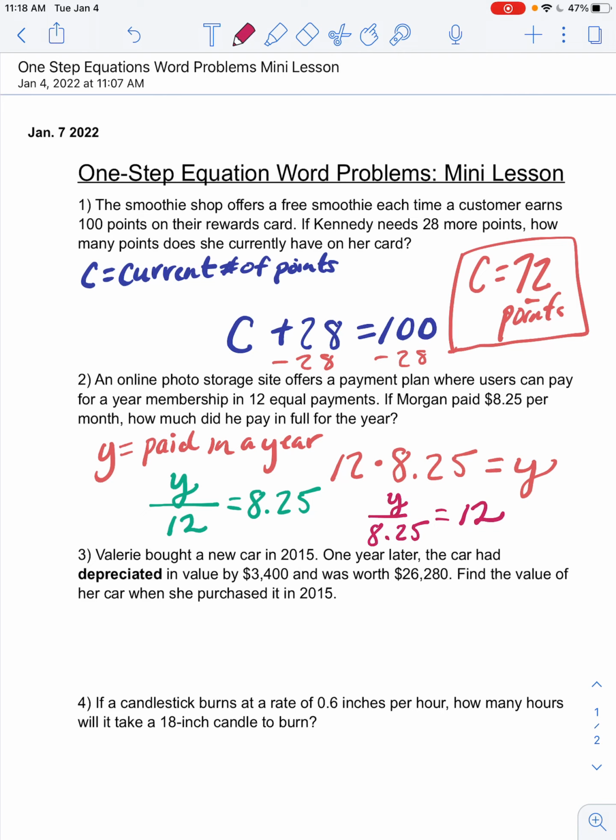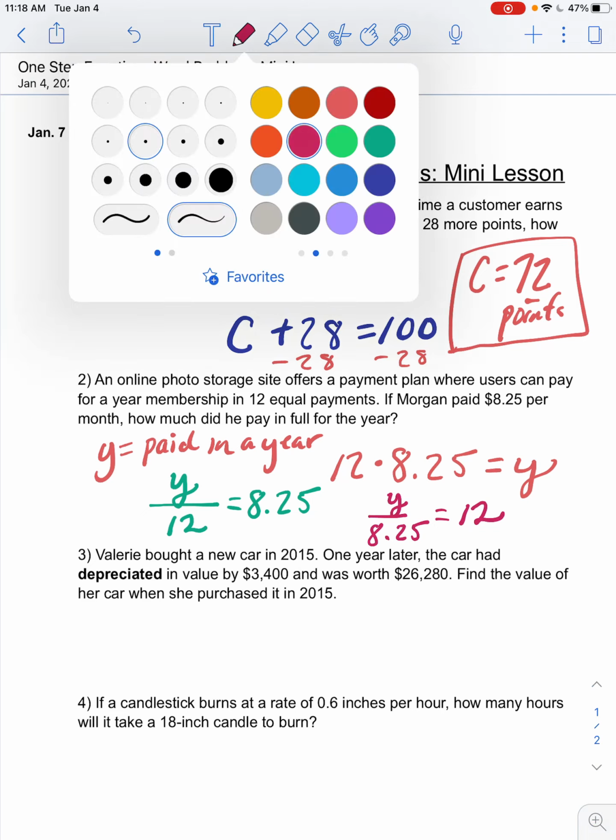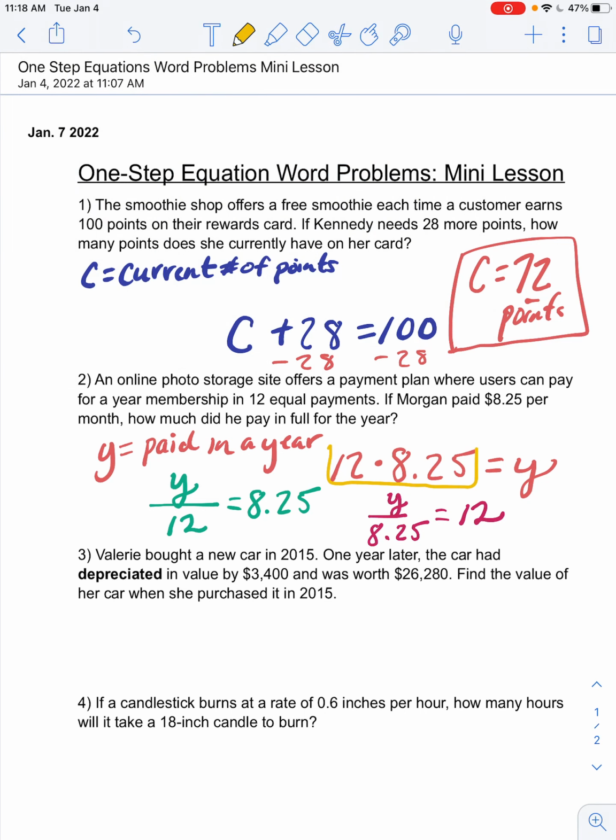Ultimately, you just need to know what math you have to do. So for the first way we wrote it, we would need to multiply 12 times $8.25. For the way in green right here, you would multiply both sides by 12, and you would still be doing $8.25 times 12. And on this way in dark pink down here, you would multiply both sides by $8.25.